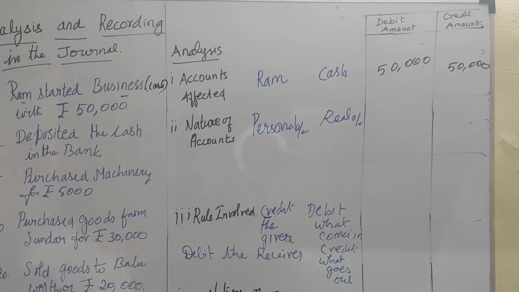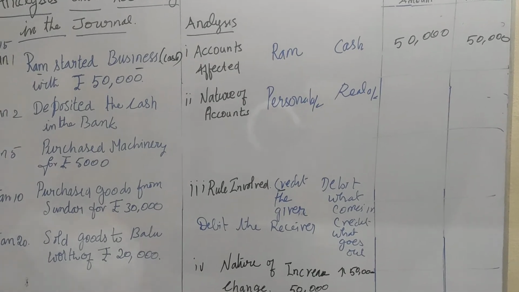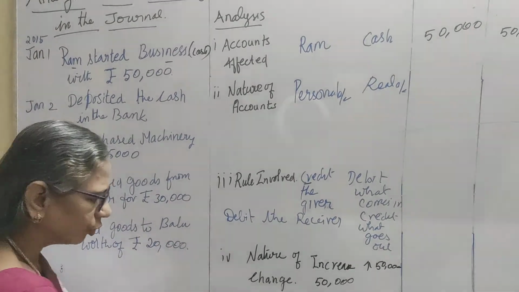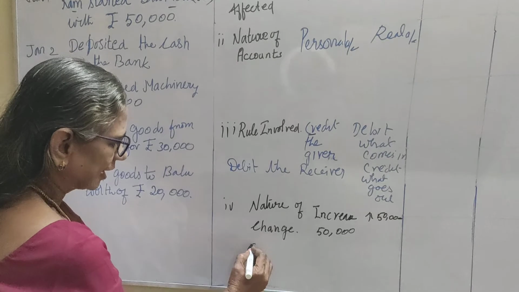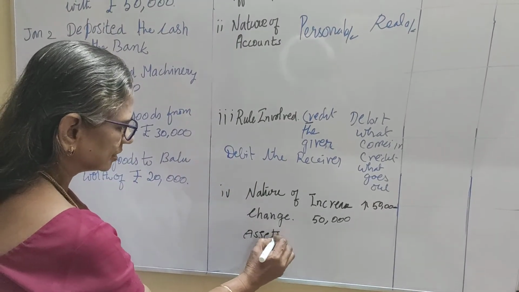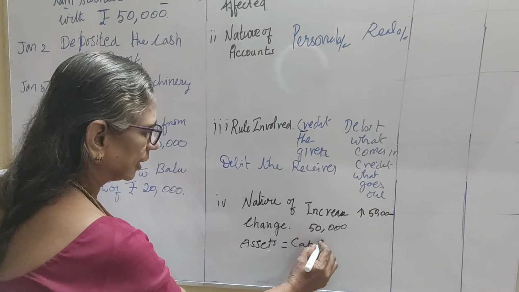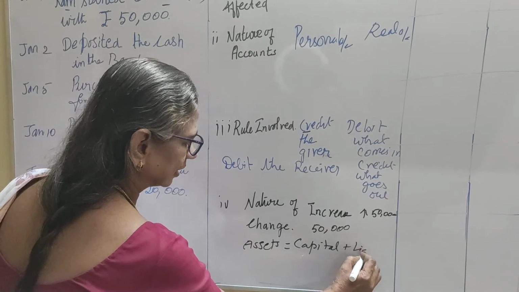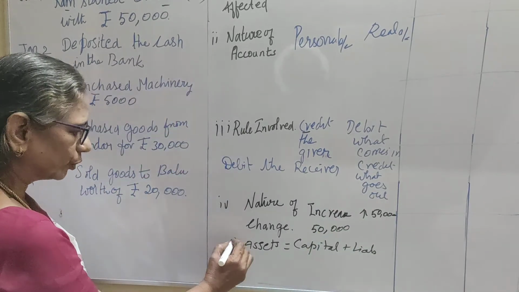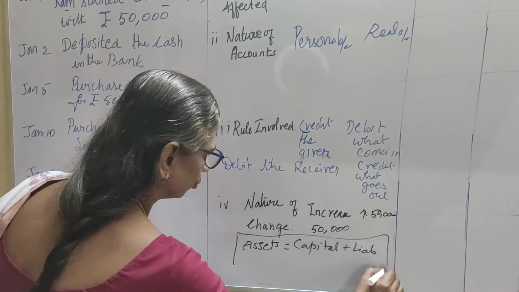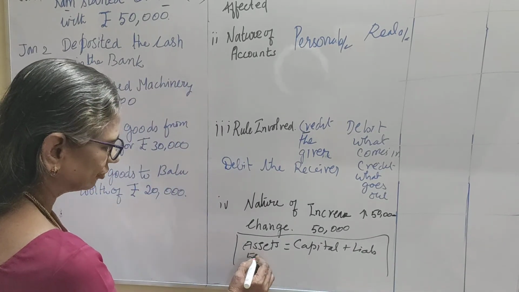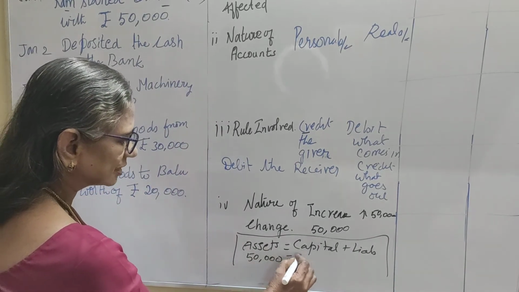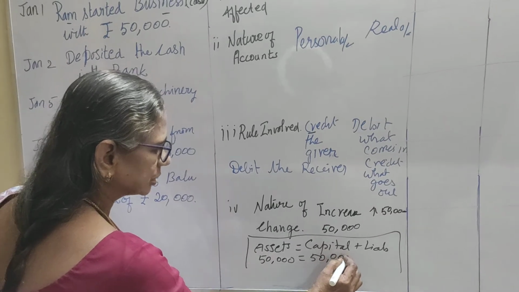Now, according to the accounting equation, what does the accounting equation say? Assets is equal to capital plus liabilities. This is the rule. This is the accounting equation. Now assets increased by 50,000. Simultaneously, capital also is increased by 50,000.